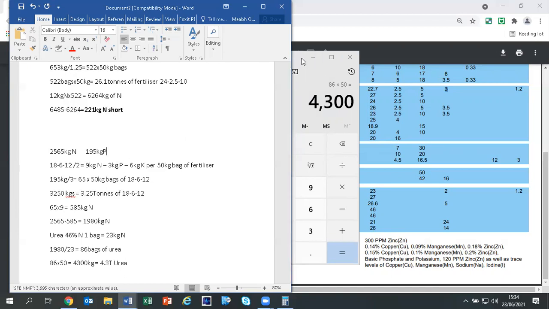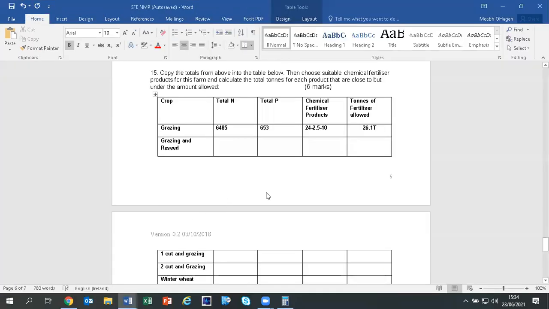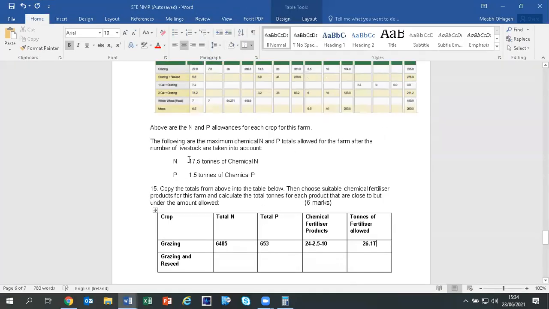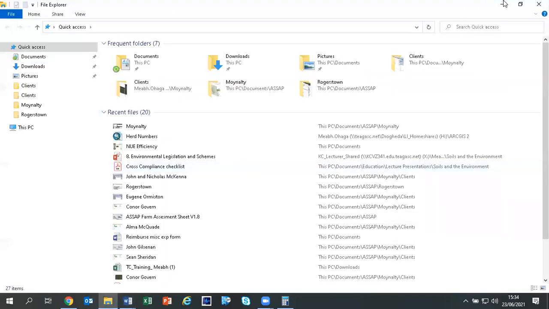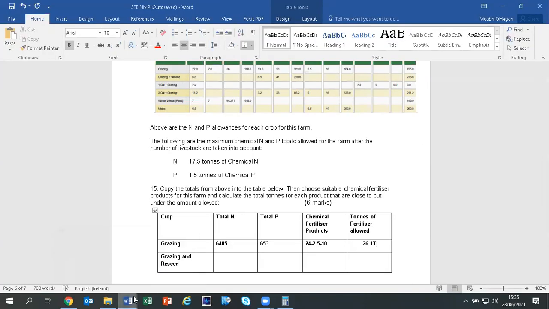So now again, always thinking about what our limitations are. So in the assignment, we know that our limitations are 17.5 tons of chemical nitrogen and 1.5 tons of chemical phosphorus.